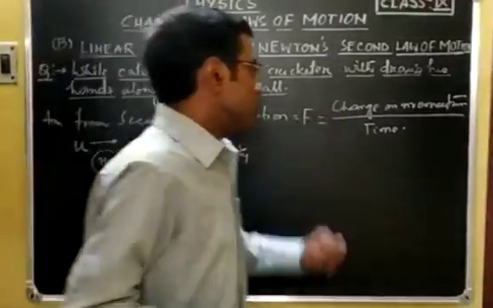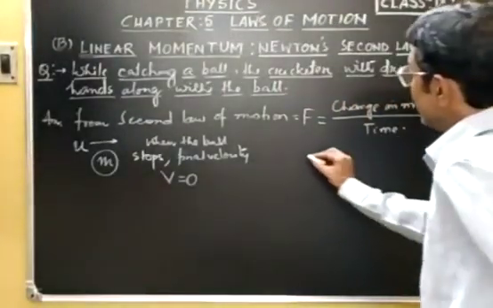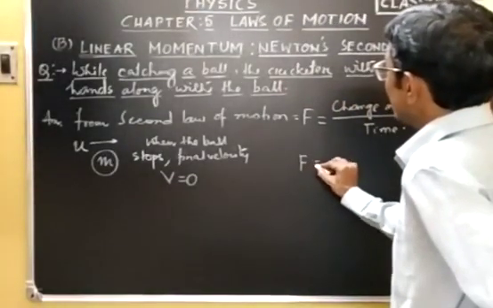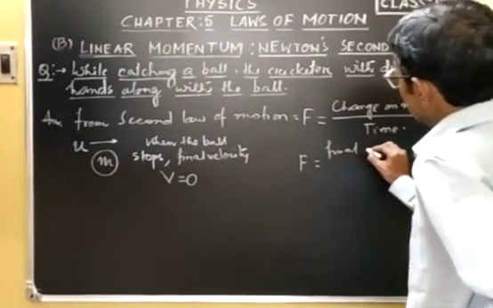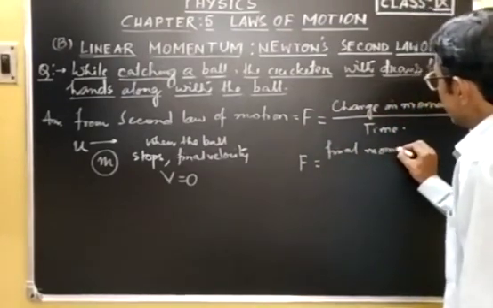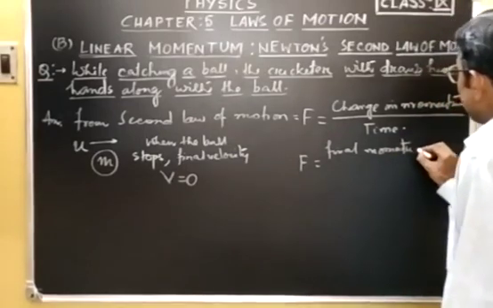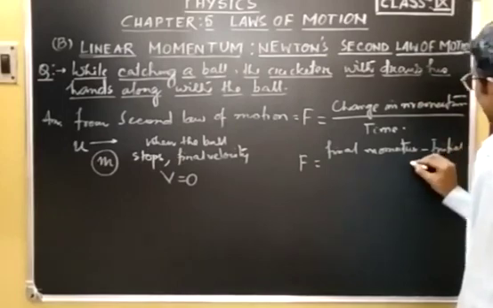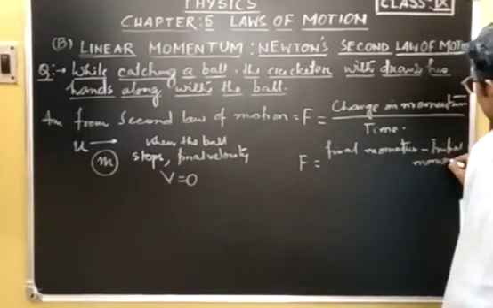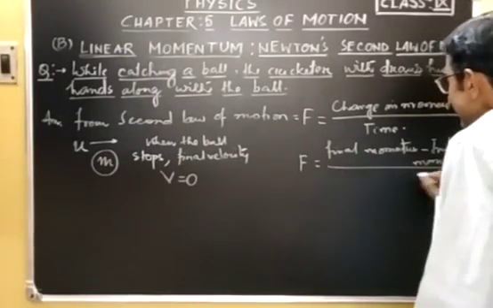So the change in momentum is the force applied on the hand. I can write final momentum minus initial momentum, divided by time.